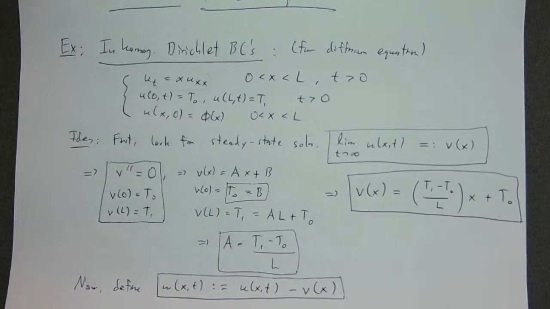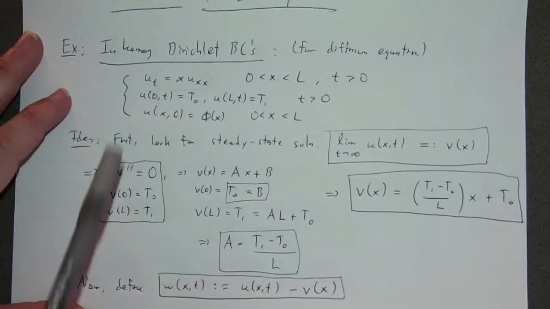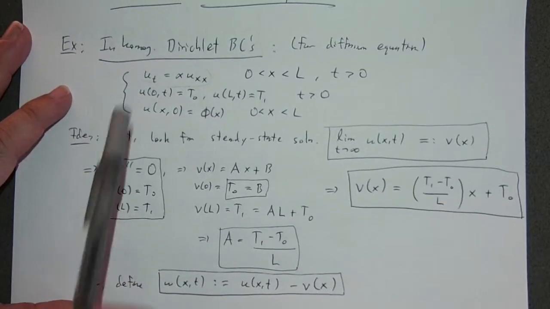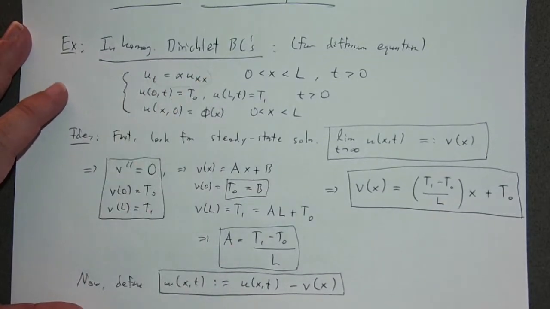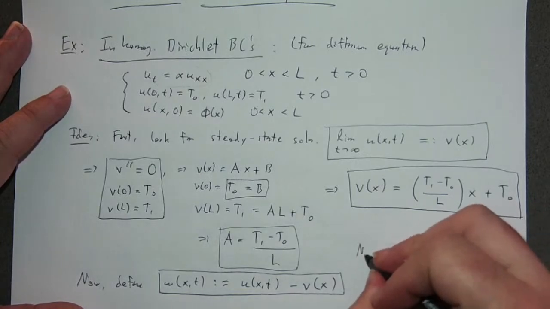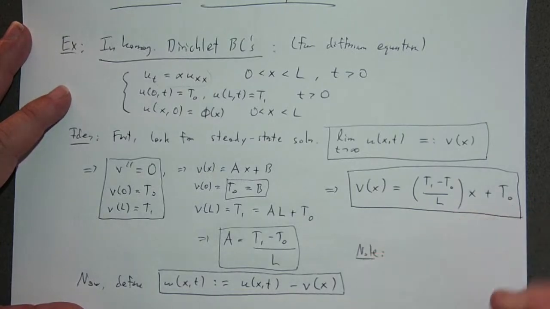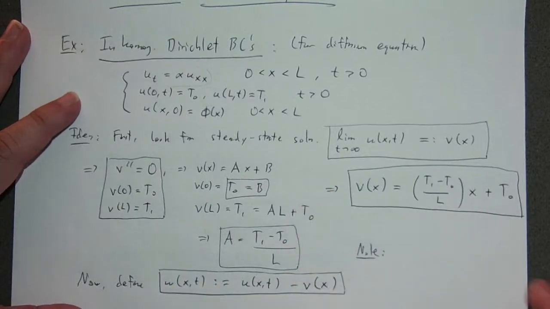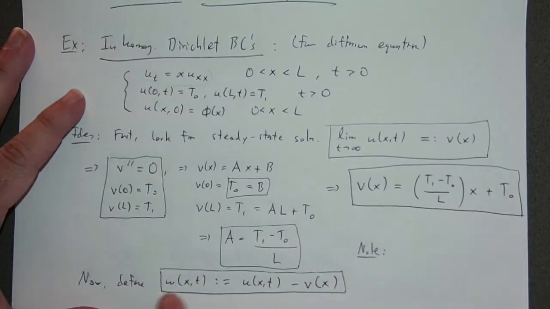But this only works for linear problems, and we're in good shape here because that's exactly what we've got going on. So why would I think to do this? Because I notice that if I define W to be this thing, then firstly, what does this satisfy?